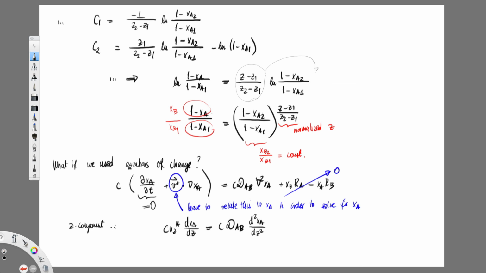Now let's see what CVZ star is by definition. It's C times XA VAZ plus XB VBZ. Again, luckily, the B part is 0 in this case, just like we had before. So that's actually CXA, that's CAVAZ, and that is by definition NAZ.